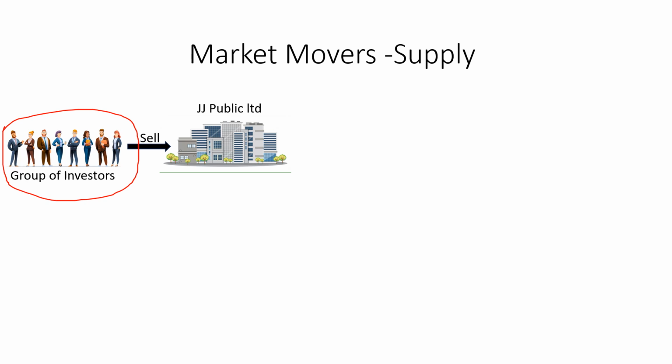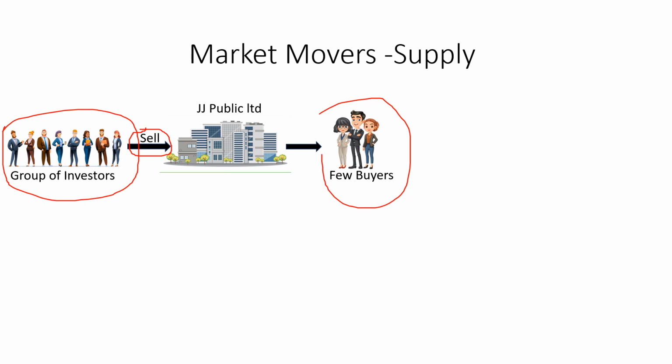So they decide to sell the shares. On the other side, there are buyers, because you need both a seller and a buyer to complete the transaction. But look at this, the number of buyers on the other side is relatively smaller compared to the number of sellers. So what happens when there are more sellers than buyers?